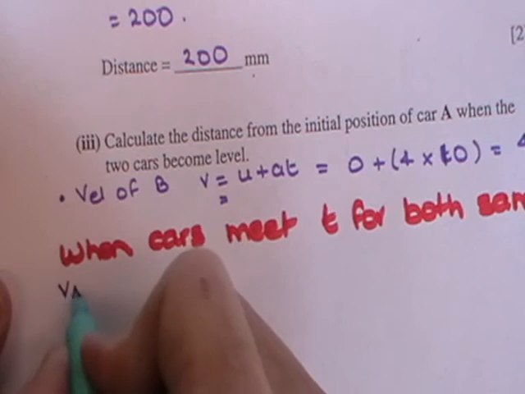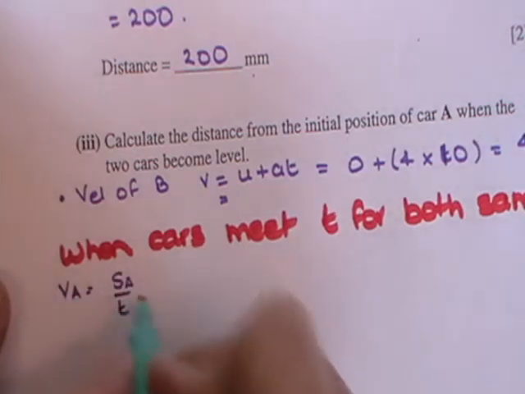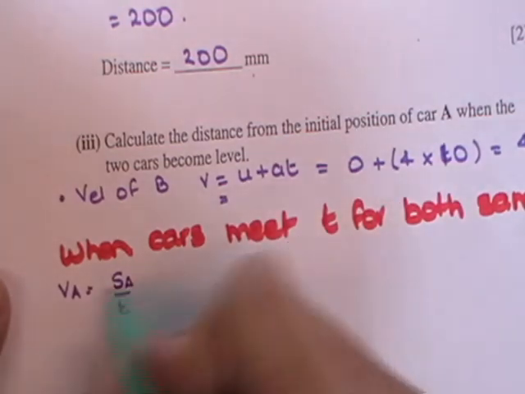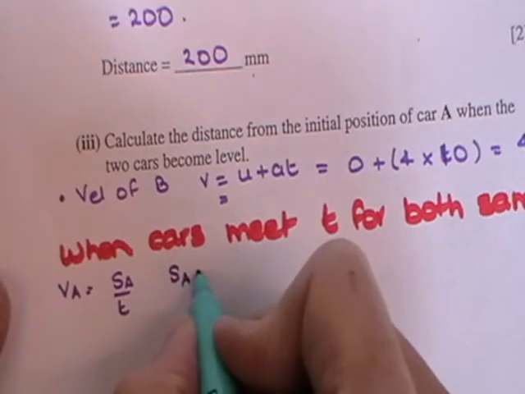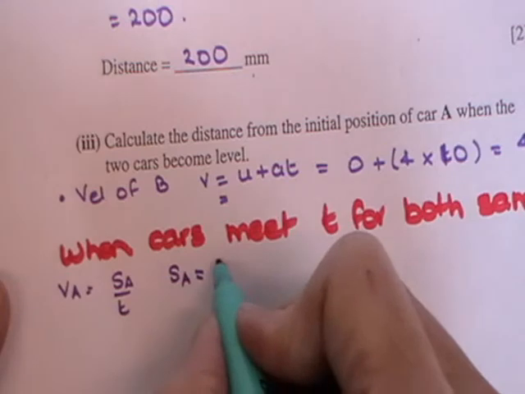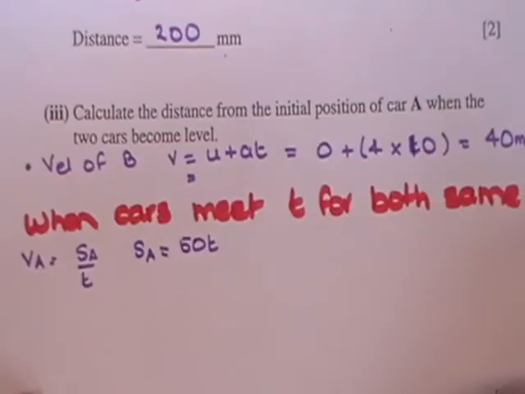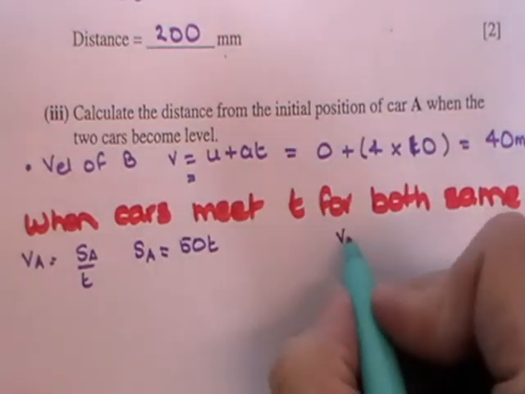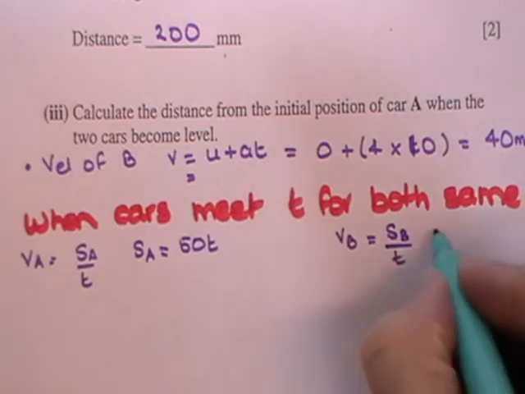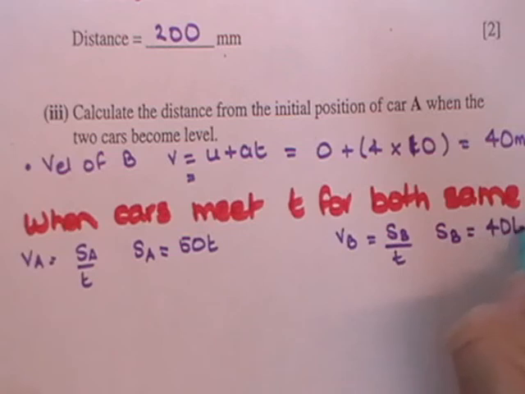So velocity of A is equal to the distance of A over the time, which is the same in each case. And therefore the displacement for A is going to be VA times T. VA was 50 and T is just T, it's a time we don't know. For B then, that's displacement of B over T, and again the displacement of B is going to be equal to 40T this time.